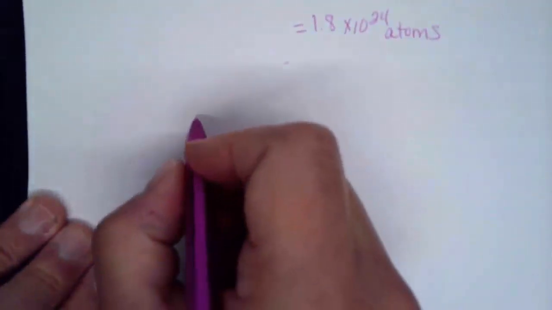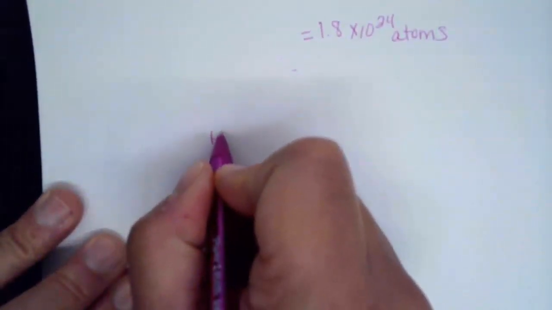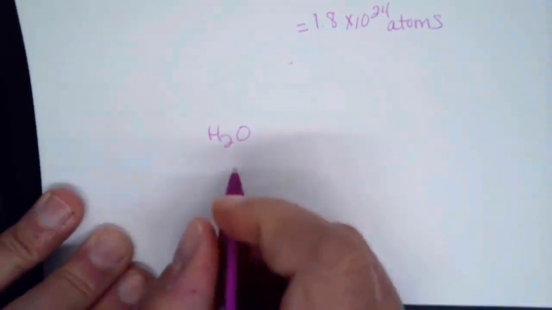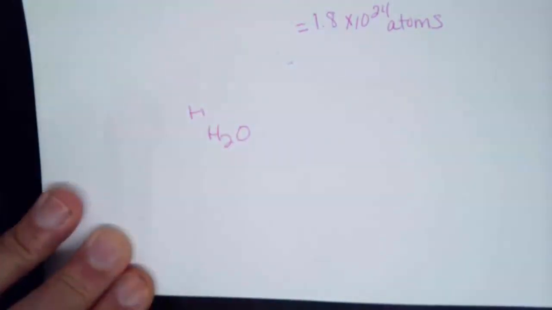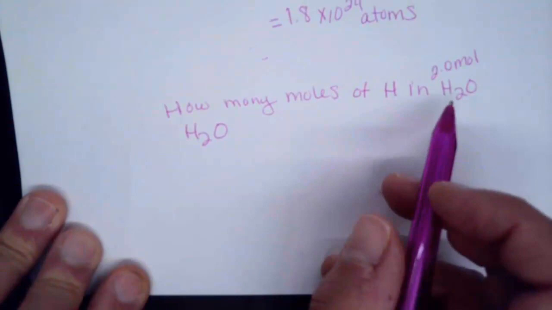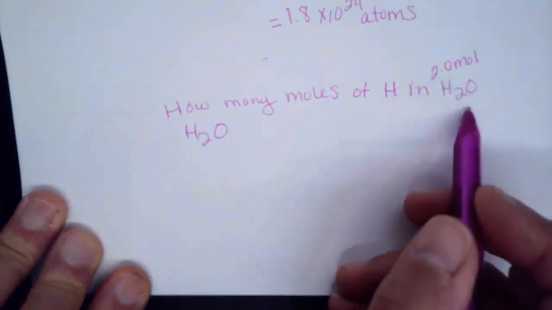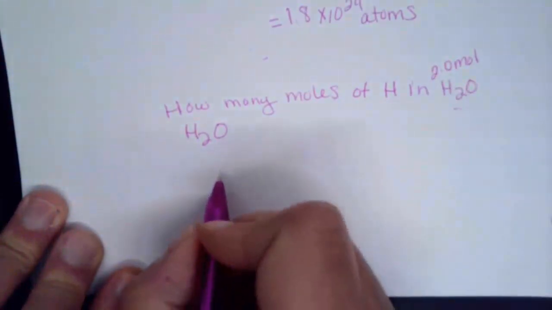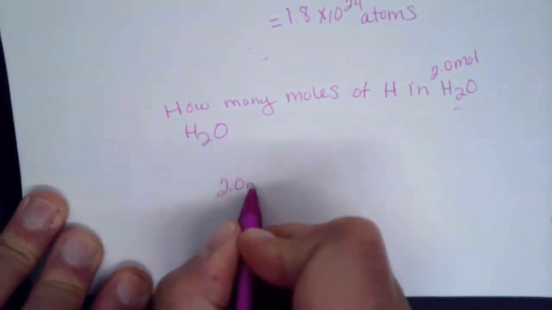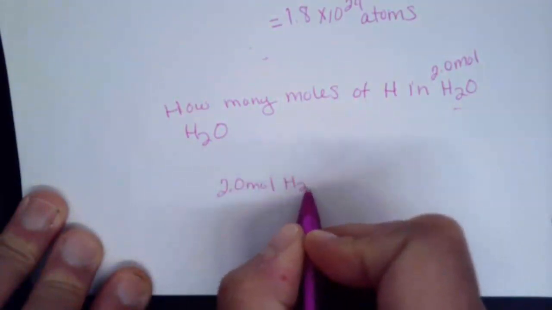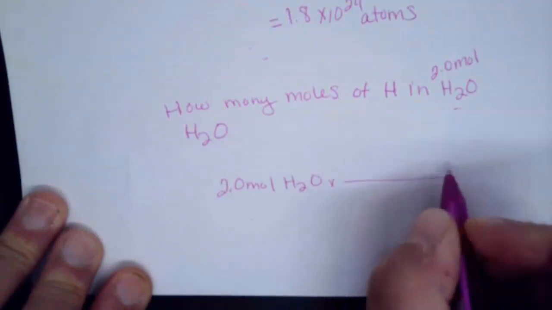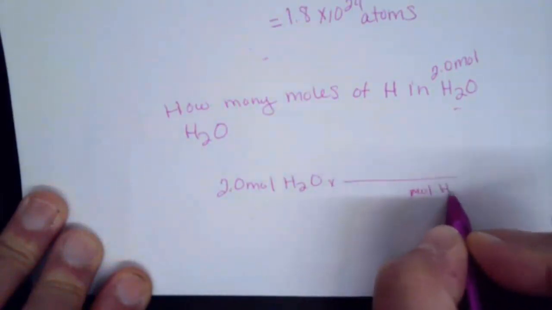So let's try another one. Let's try H2O. How many moles of hydrogen are there in 2.0 moles of water? So start out with what you have. You have 2.0 moles of water. Moles of water will be down here.